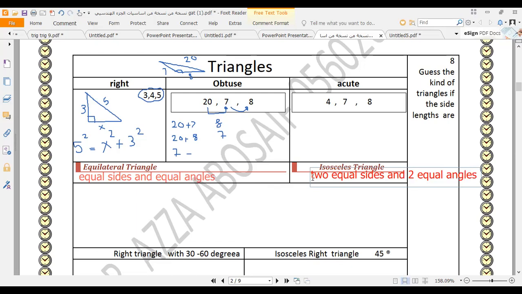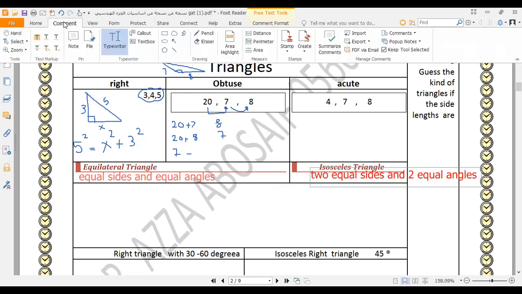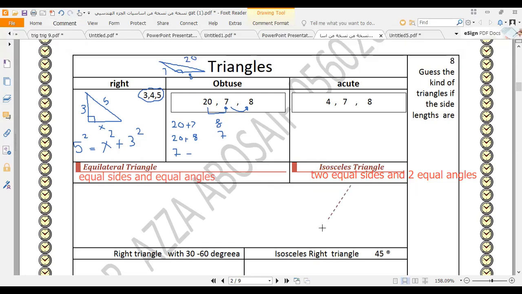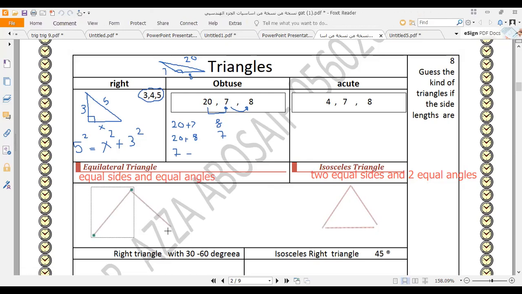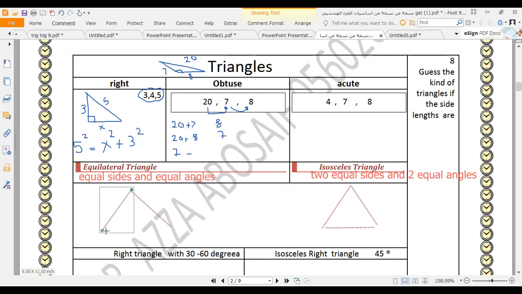Like this one here, this is an isosceles triangle. It has two equal sides. This is an equilateral triangle, it has three sides, and they are equal.